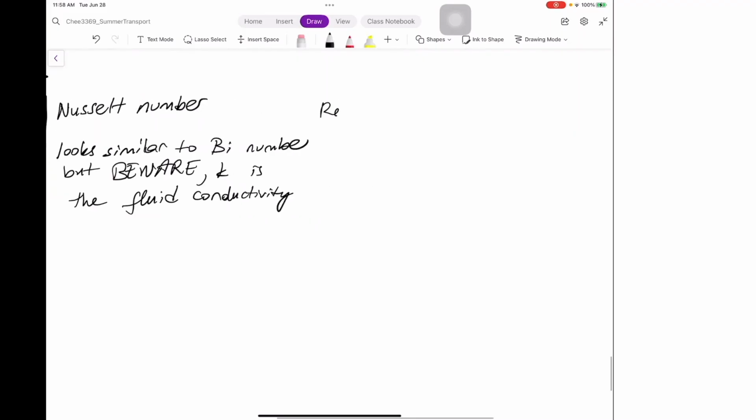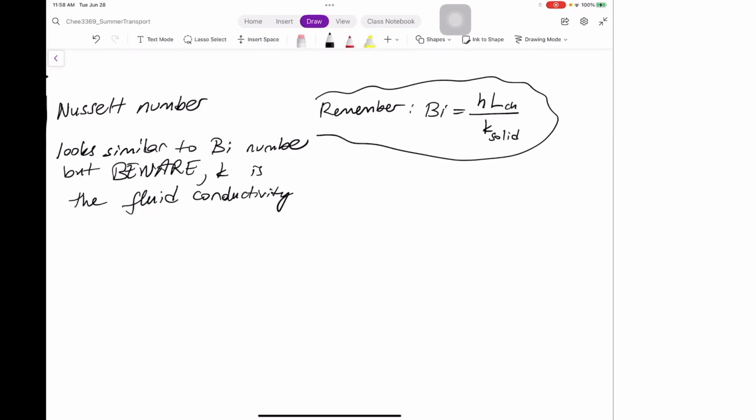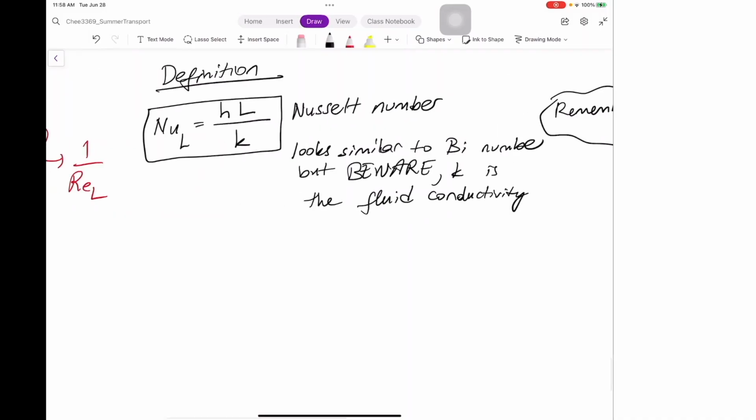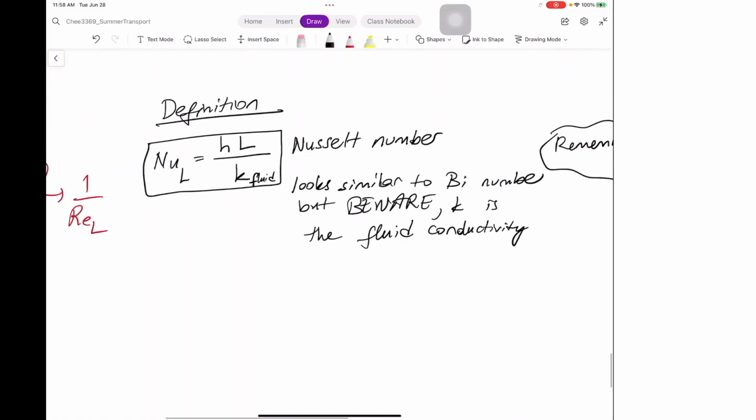Remember, Biot number was defined as hL over k solid. But this time, Nusselt number is defined as hL over k fluid. Okay, that's very important. That's one of the common mistakes that students make.